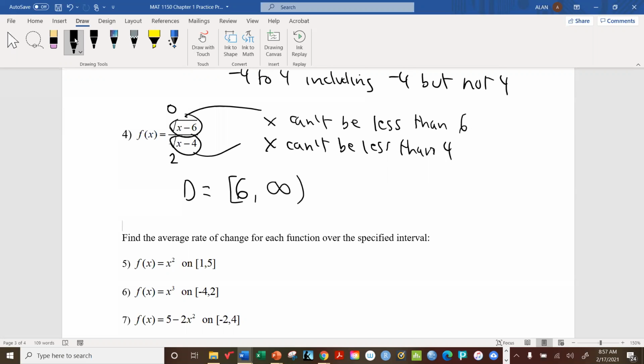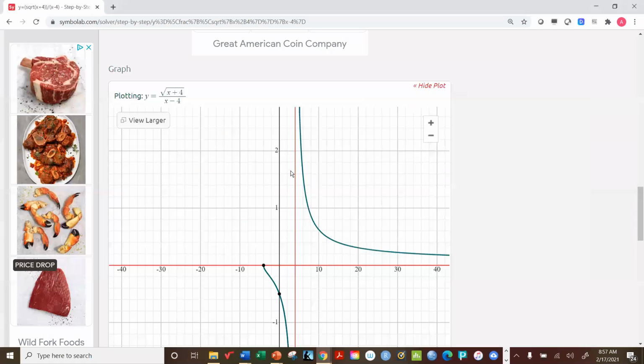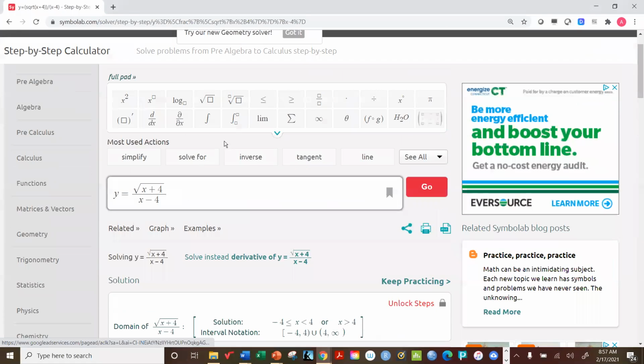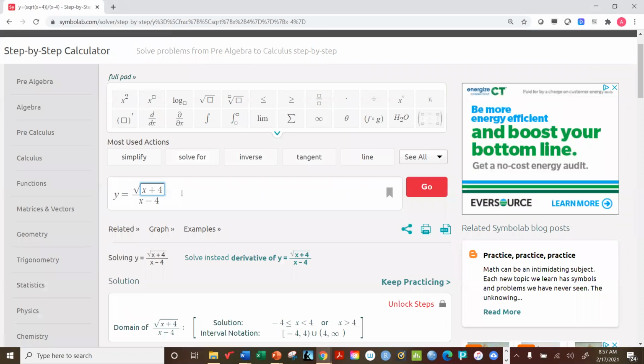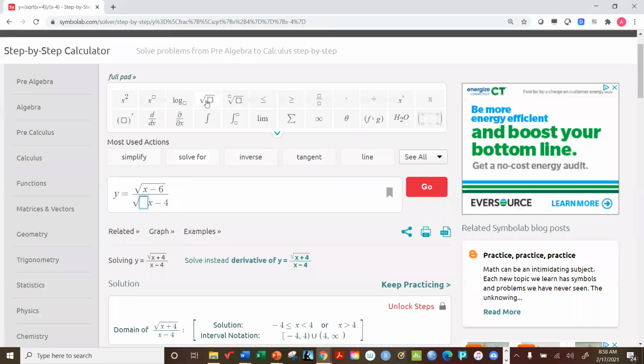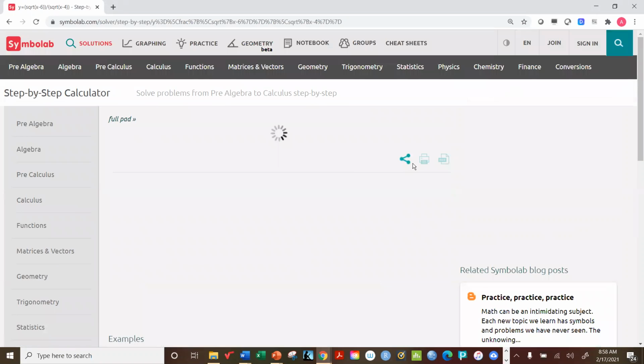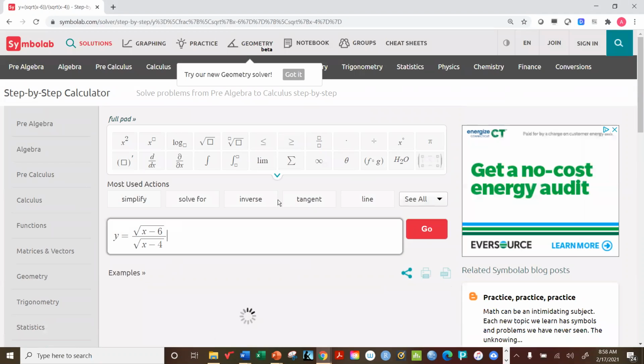All right. And again, just for the fun of it, let's go see what it looks like. In the numerator, we have the square root of x minus 6. And down here, square root of x minus 4. Let's see what it looks like.